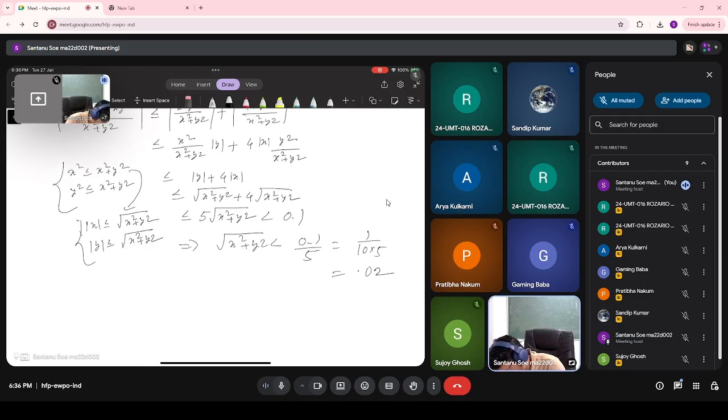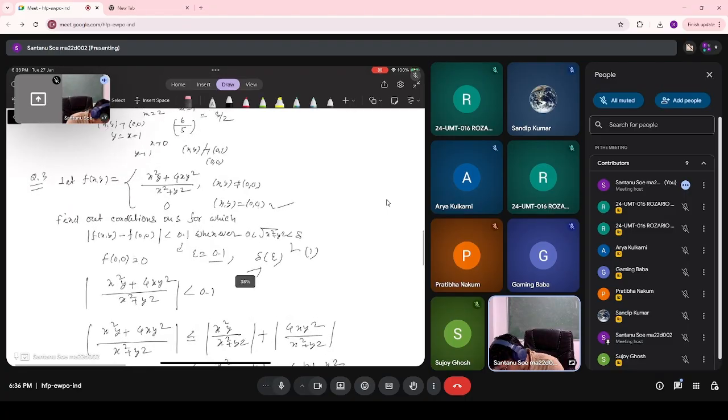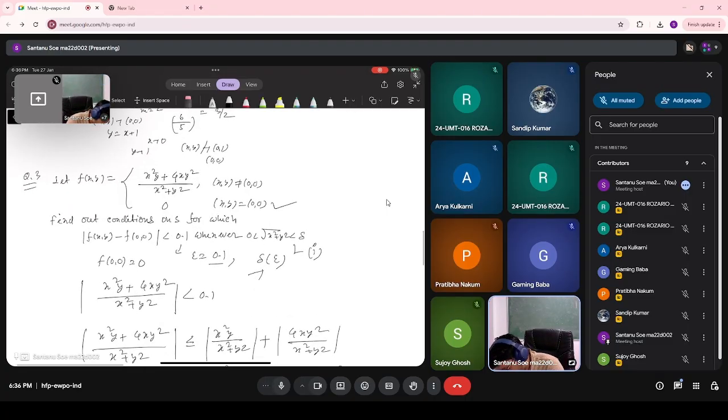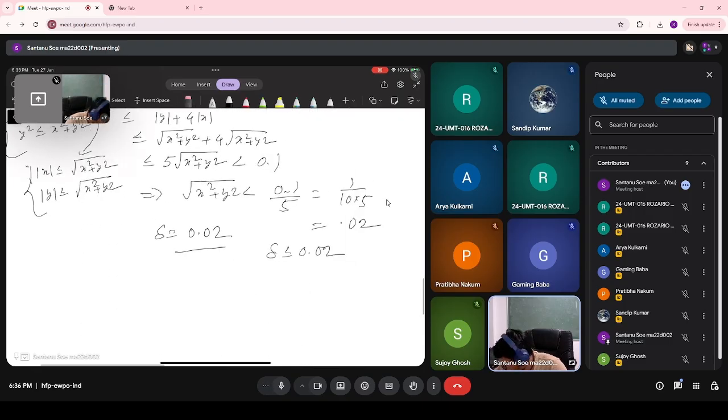That means our delta should be less than or equal to 0.02. For example, if you take delta equal to 0.02, then this relation will hold. So the answer is 0.02.